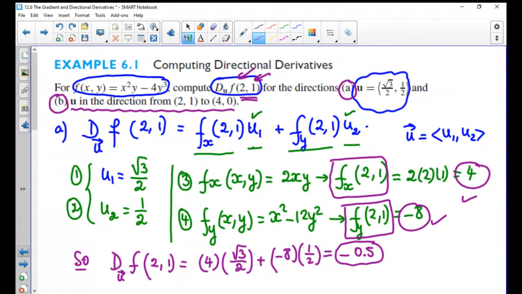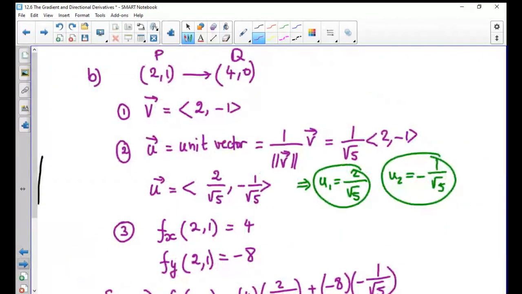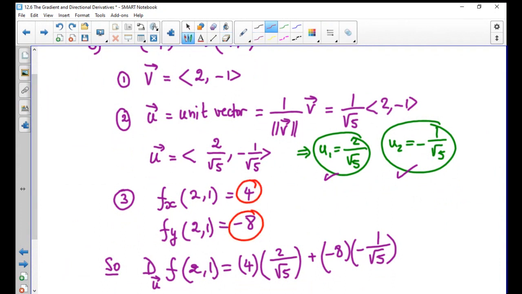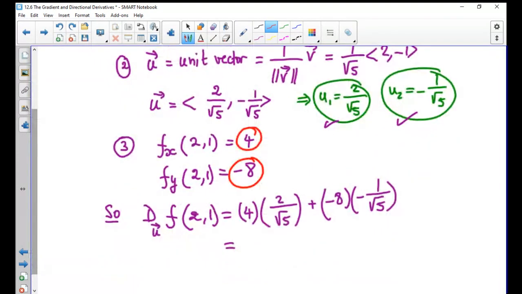So it's exactly the same number. Does that make sense? What is different is the vector. The u1 and u2 are different because we are going in a different direction now. But because we are at the same point, fx and fy will be the same. But good question there.